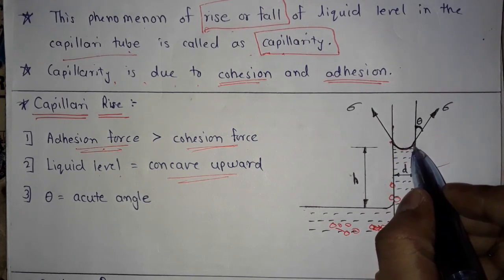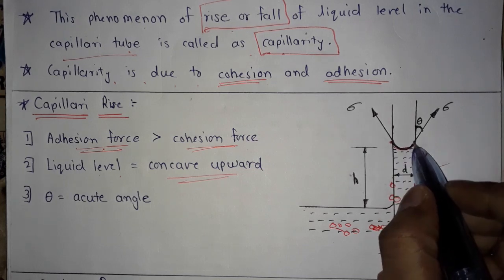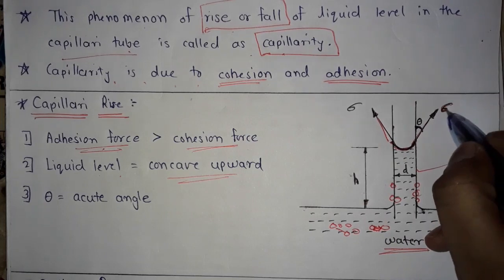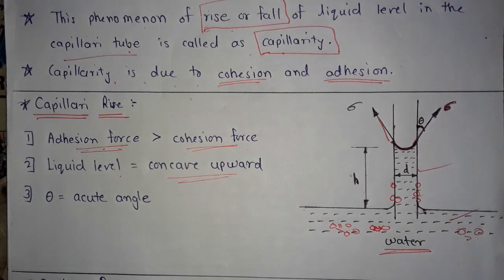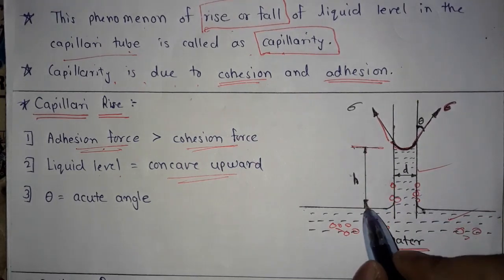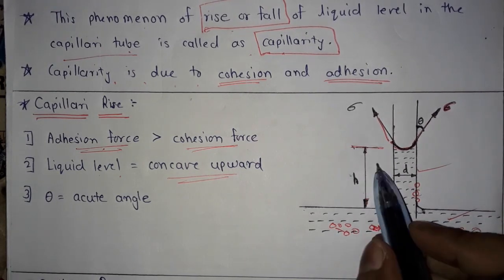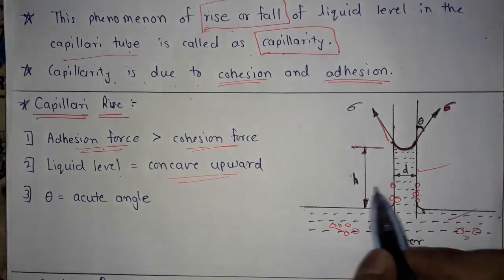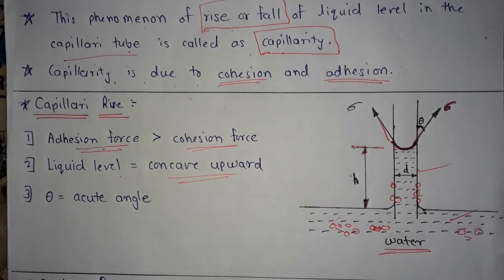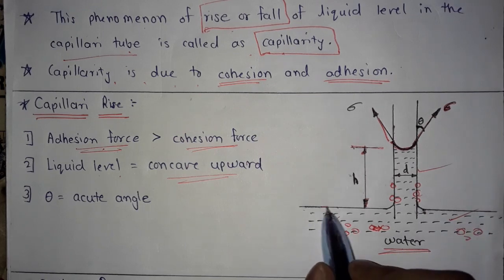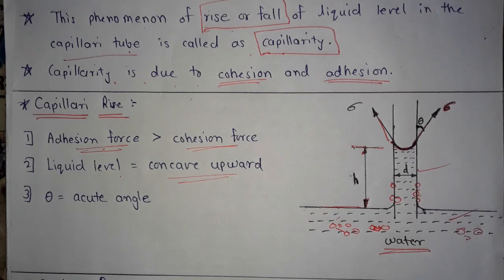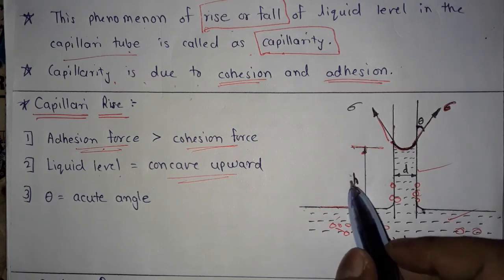This is the surface tension, which I have indicated here as sigma. And here friends, in this case, this is the capillary rise of water, H. The liquid which has risen above the surface of the liquid in the tube is denoted by H here.